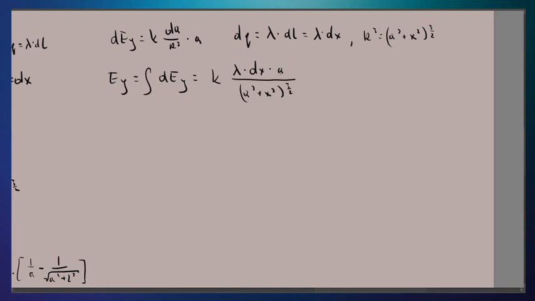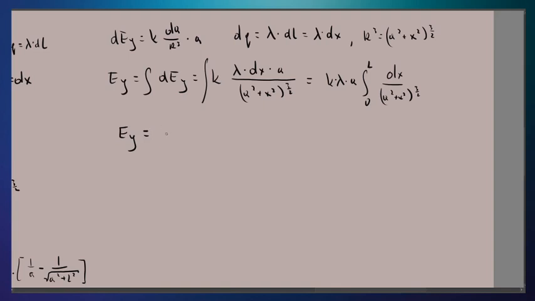Now a is a constant, k is a constant, lambda is a constant, so what I end up with is k lambda times a, the integral of dx over (a squared plus x squared) to the 3/2, and then I integrate from 0 to L just like before, and this gives me Ey being, all right, so let's try my calculator one more time.